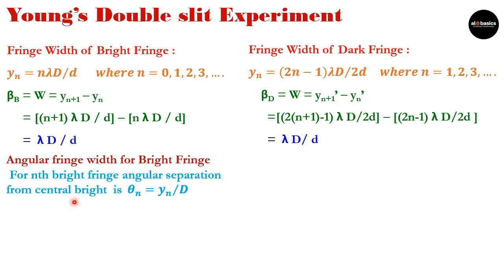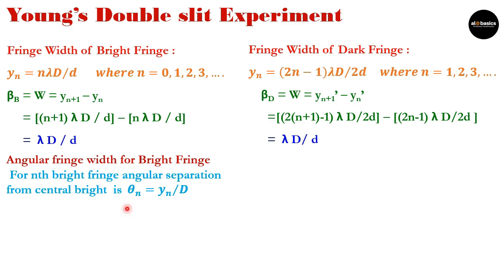For that, we require nth bright fringe separation from the central bright, and it is given in terms of theta, that theta is equal to yn by D. Here it is considered that theta is very small, so I can write theta is equal to tan theta, and that value we can find out as yn by D.